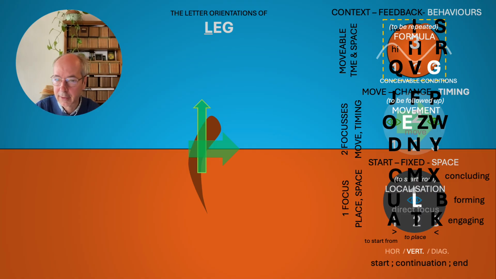But it's not just that, it's also a movement from two focuses, meaning I have a movement, I have a change, and by realizing what kind of changes are possible, I can define my thing here.